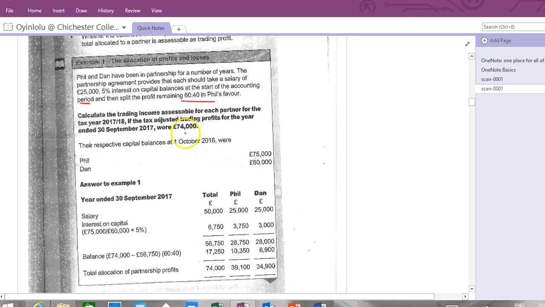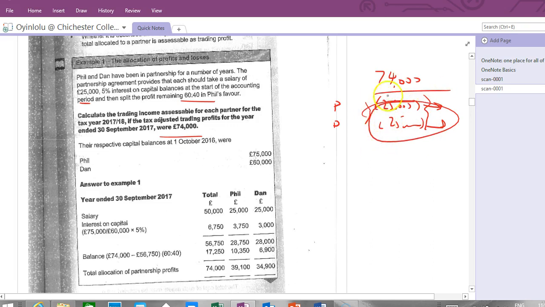So if they make 74,000, first of all give Phil and Dan 25,000 each, taken as a share of profit first. That's 50,000 knocked off straight away, so you have 24,000 left to be shared.